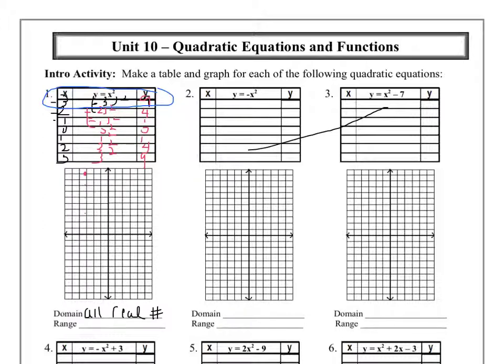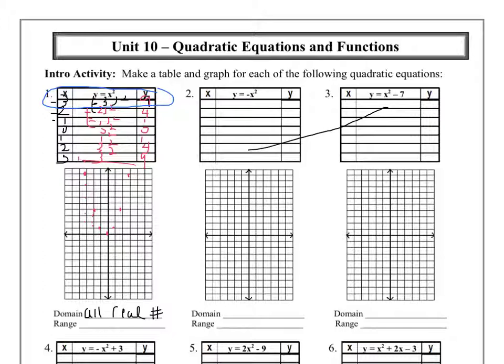Then the next point is -2, 4. -1, 1. 0, 0. 1, 1, 2, 4, and 3, 9. So I can see that when I connect these, I have a parabola facing up.